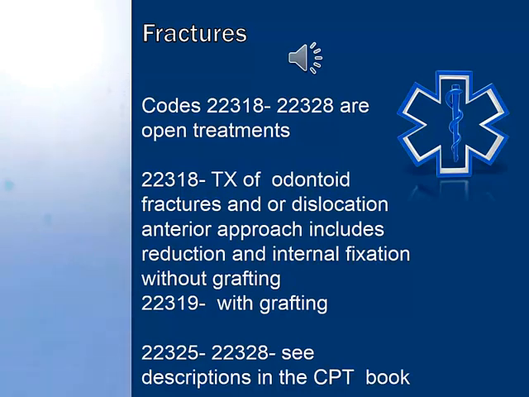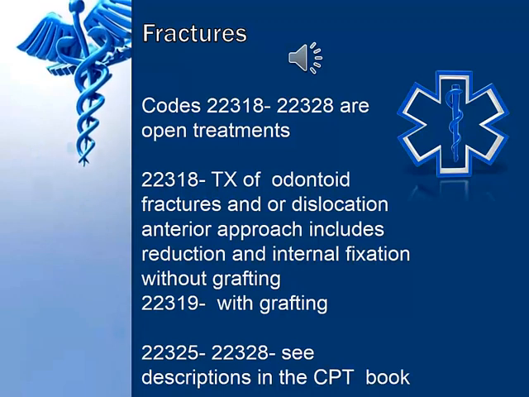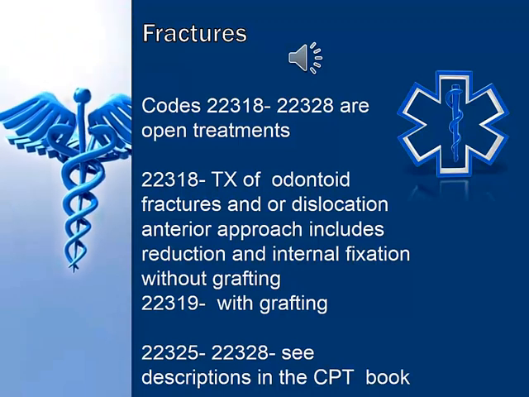Okay. Codes 22325 to 22328 are open treatments and reductions of vertebral fractures and/or dislocations, posterior approach, one fractured vertebra or dislocated segment. And then it specifies for 22325 that this is of the lumbar region.